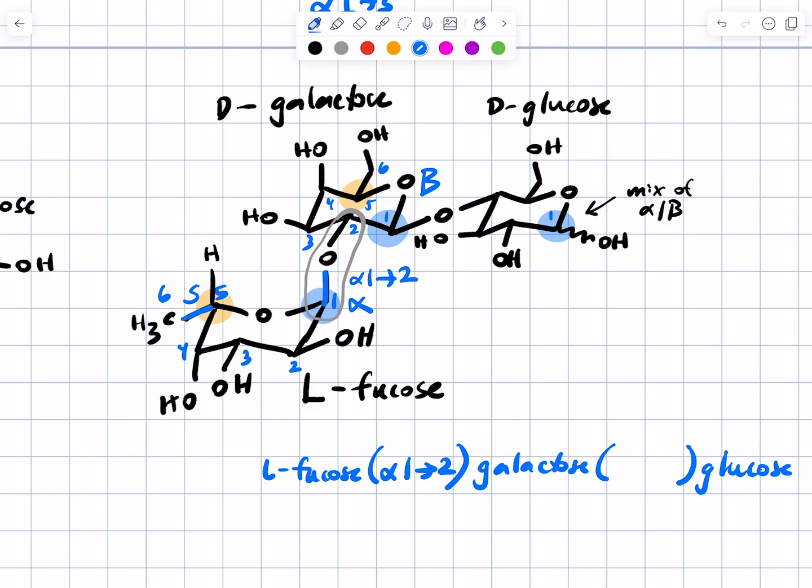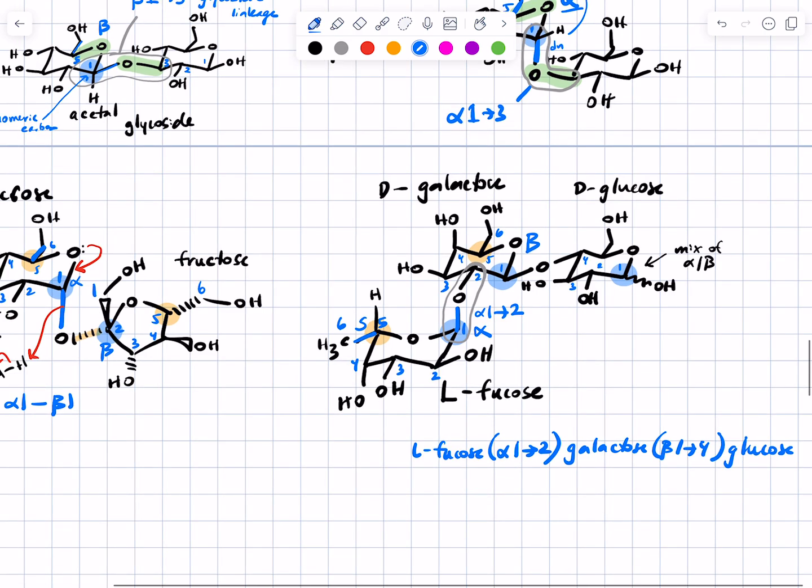Let's count. 1, 2, 3, 4. Beta 1,4. Okay? So this is human milk oligosaccharide. And it's the primary source of carbohydrate nutrition for infants, right?